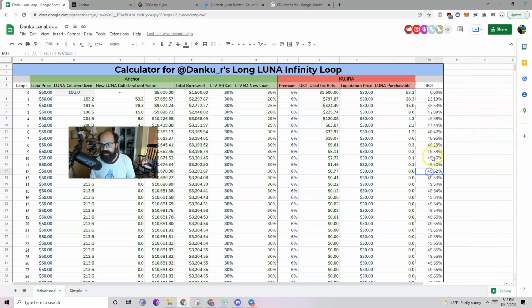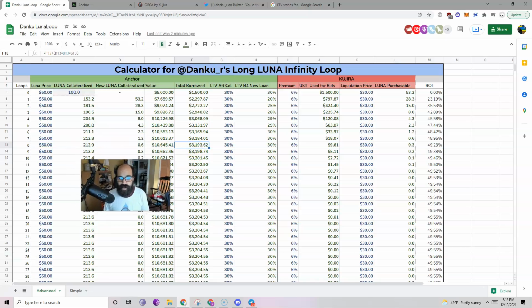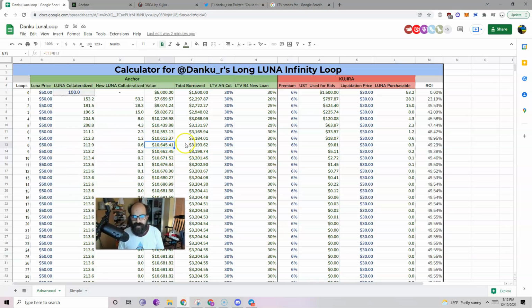The problem is it peaks. So there's a point at which you cannot borrow anymore, and you're sort of stuck in a position where you have quite a bit borrowed against your value. So it's still 30%, but now you have a loan of 3,000, and all of your value is in your Luna.